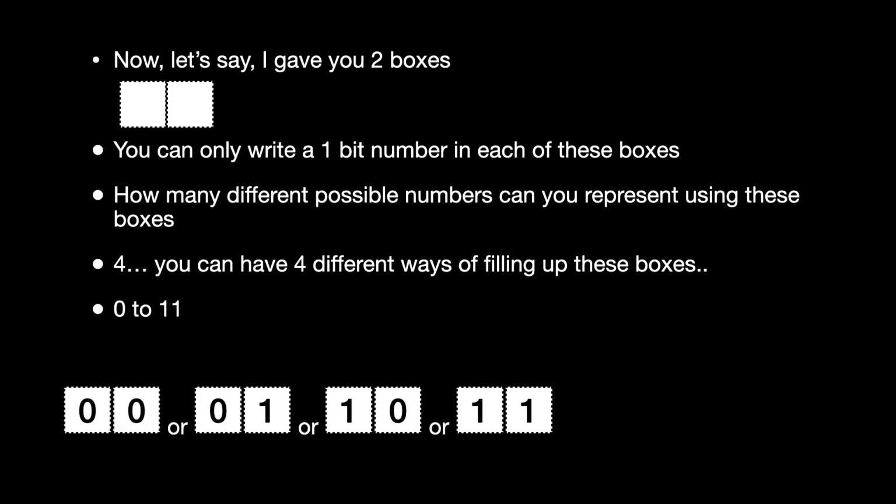That is 0 0, 0 1, 1 0, and 1 1. Can you think of any other combination using zeros and ones? No, it's not possible, right? These are the only 4 possible combinations.